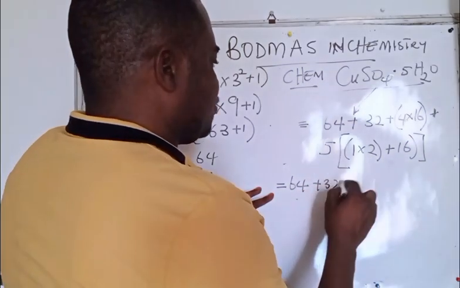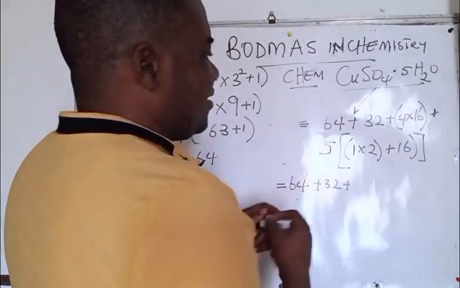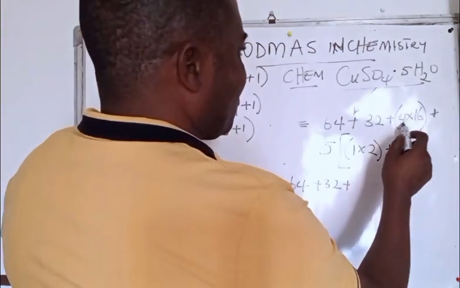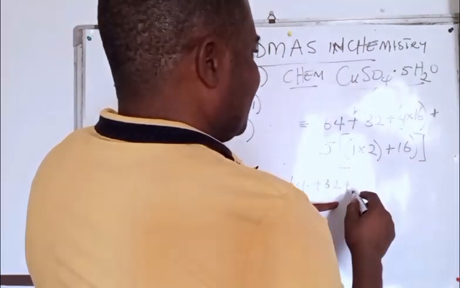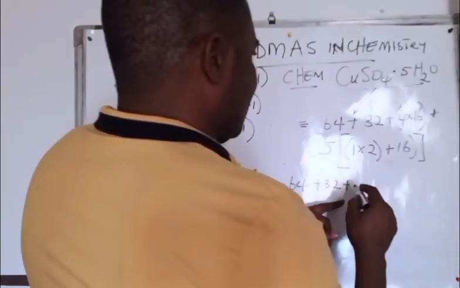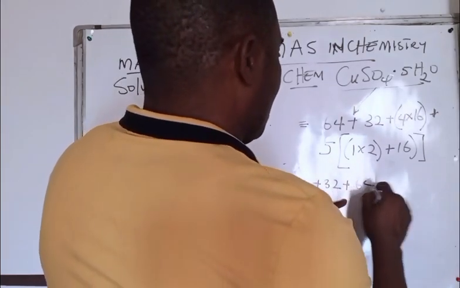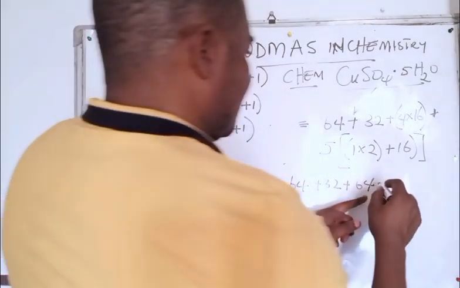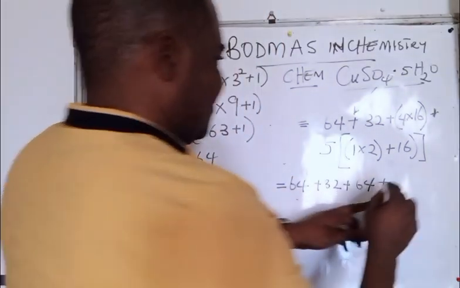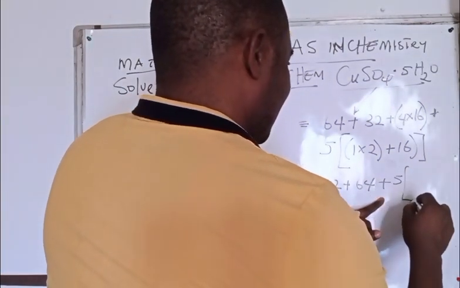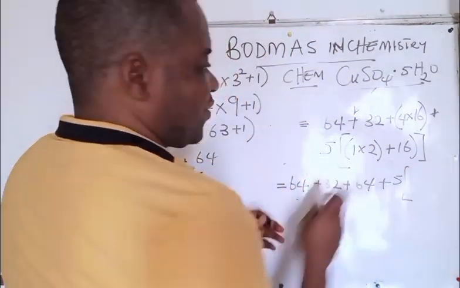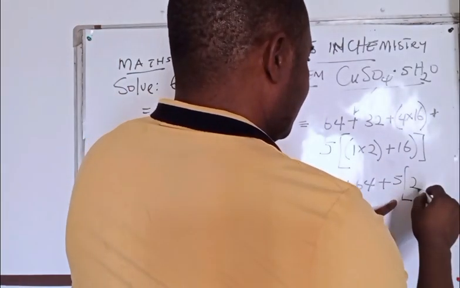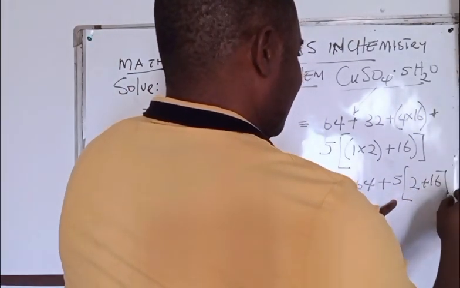So here we're going to have 64 plus 32 plus, now bracketing order. So this is 4 times 16, which will give us 64. Plus 5, the bigger bracket. We solve this because we are looking at the bracketing order now. 1 times 2 is 2, plus 16.